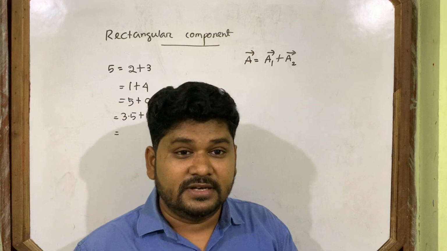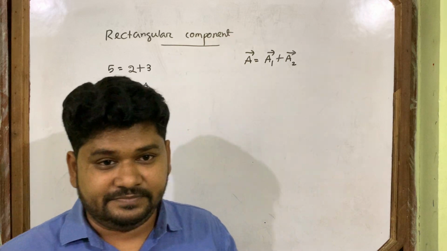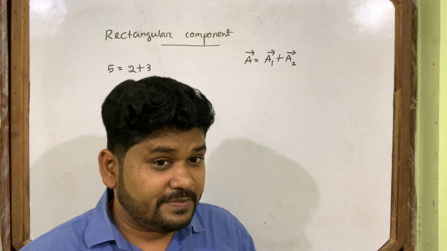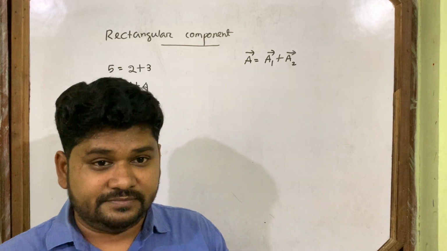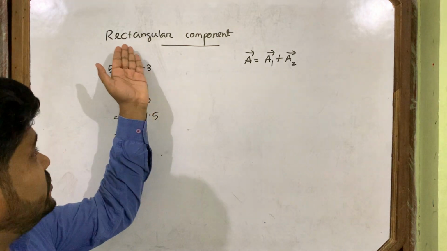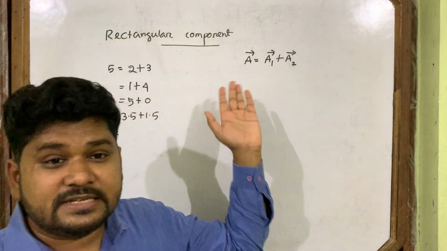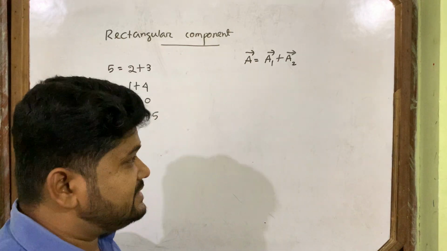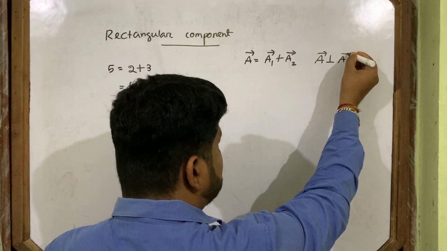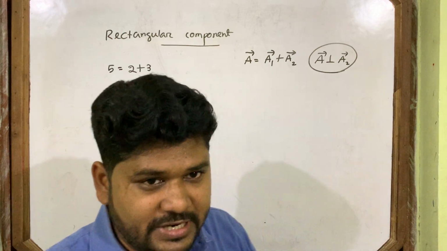Rectangular means these two components are perpendicular to each other. What other words can be used for perpendicular? Orthogonal. We can say these are orthogonal components, perpendicular components, rectangular components. Remember, not only components, we'll discuss perpendicular components.